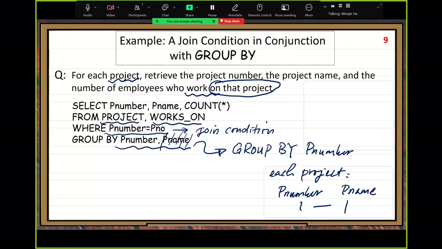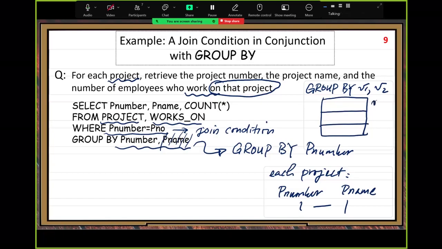So here, why do we use multiple? Let me explain the general case. Group by V1, V2. So two attributes. Usually the first attribute, when you use the V1 value to define groups, group 1 uses the V1 value.